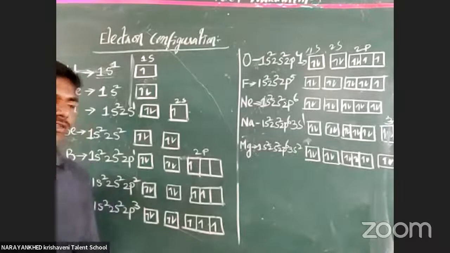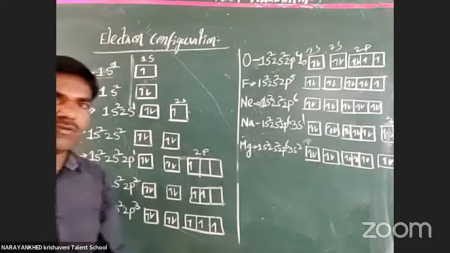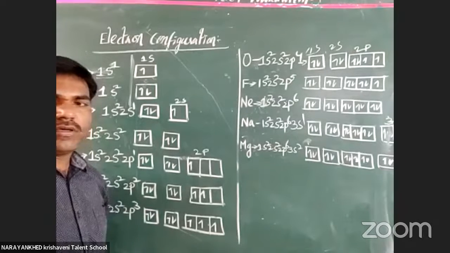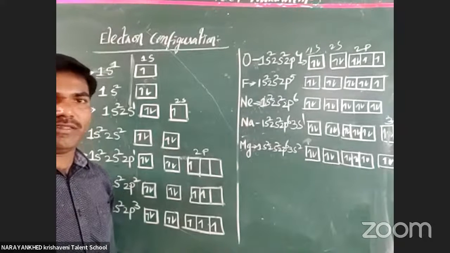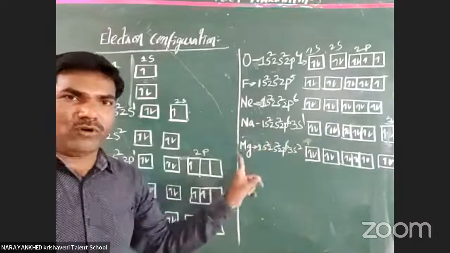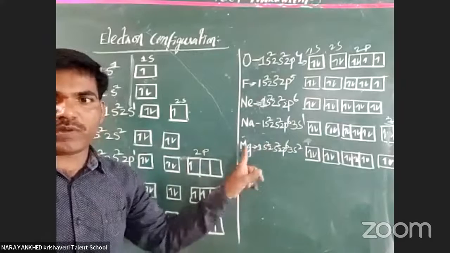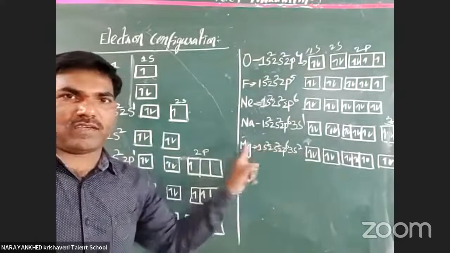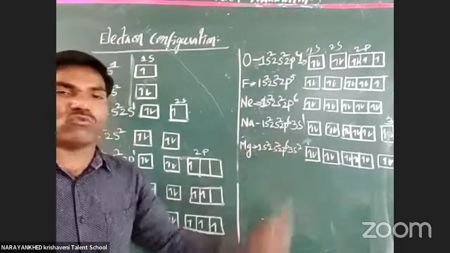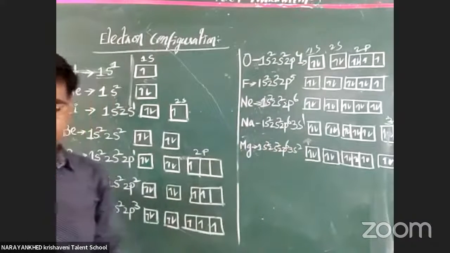We completed it with all the students up to here. If possible, you try the coming ones also. This number should be equal to its atomic number. Whatever the electron number is, that should be equal to the atomic number. Complete it.